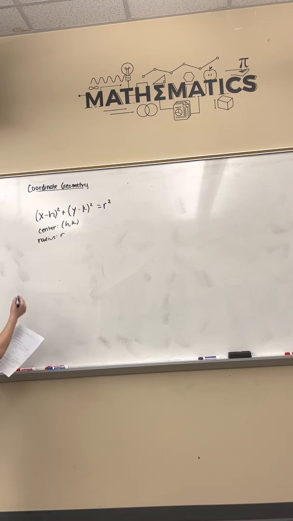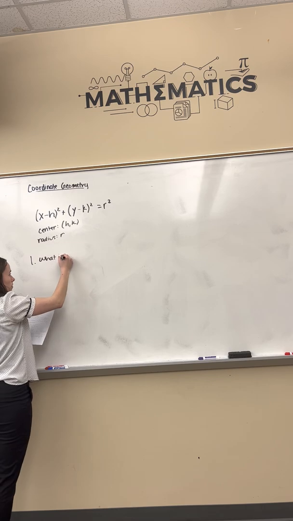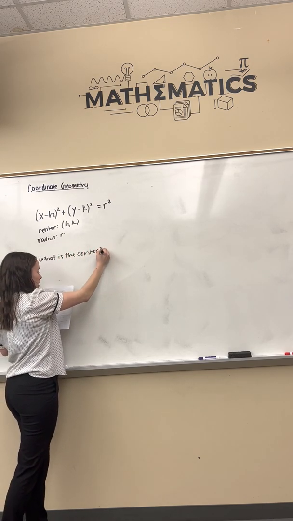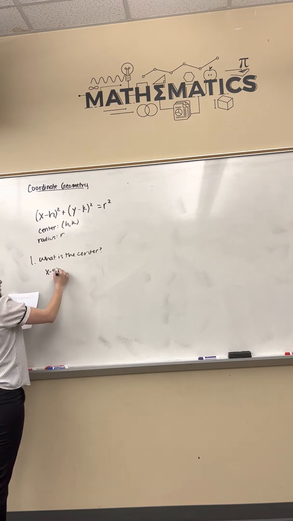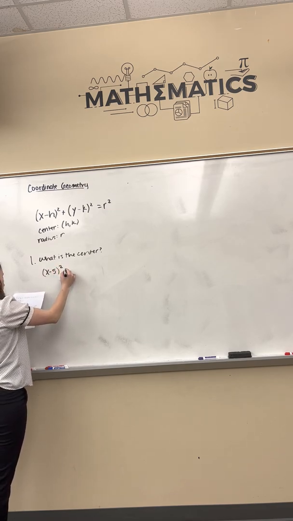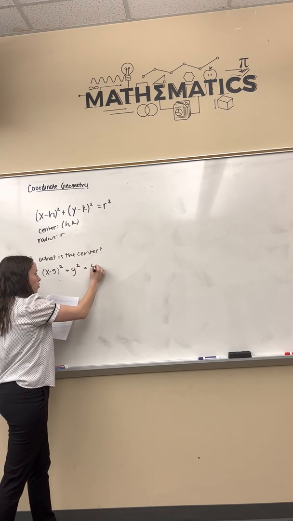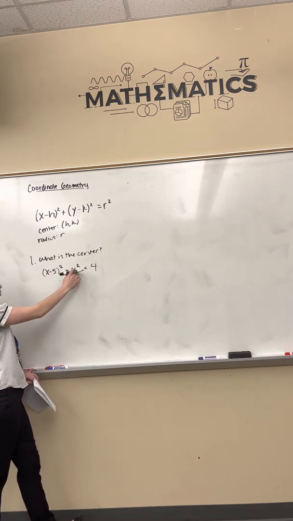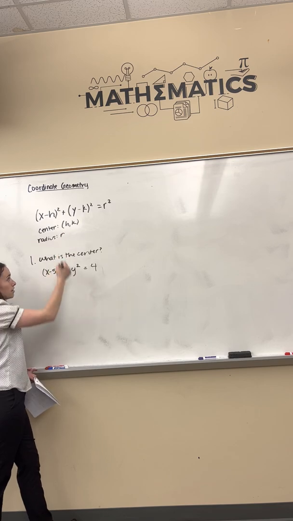Okay. So, our first question here is, what is the center? And the question is, we have (x minus 5) squared plus y squared equals 4. Well, here we have y squared, but we don't have anything with it, so that just tells us that our k is 0.